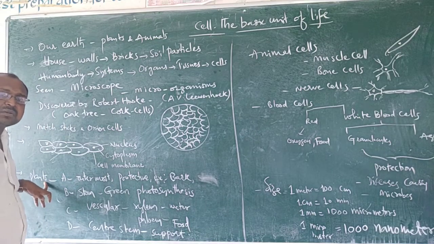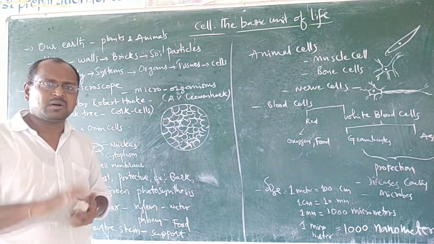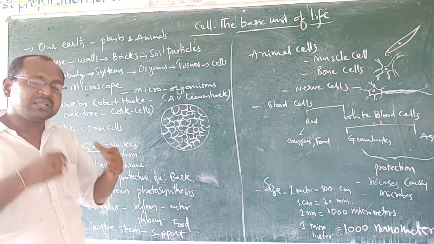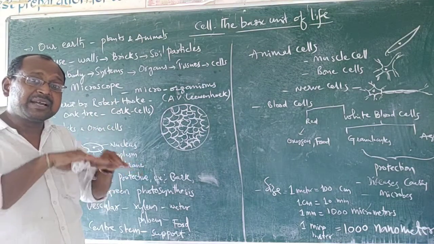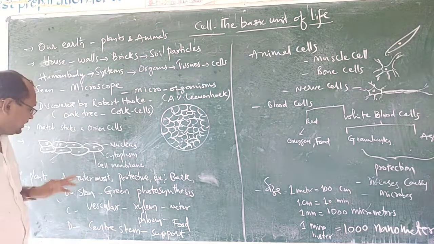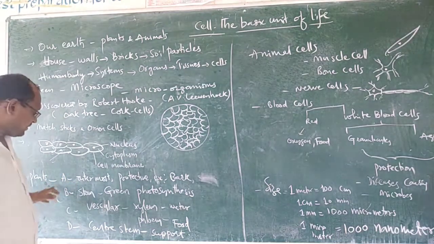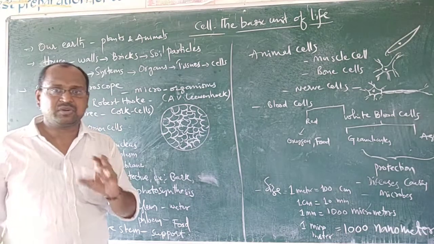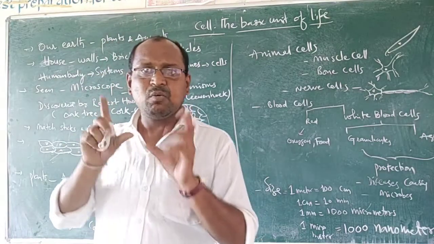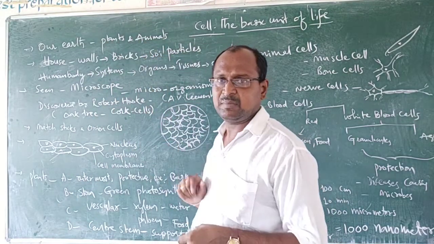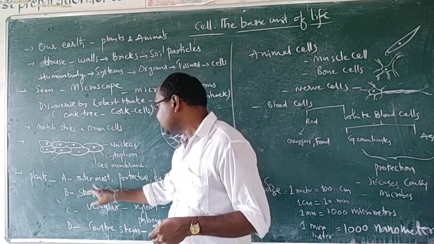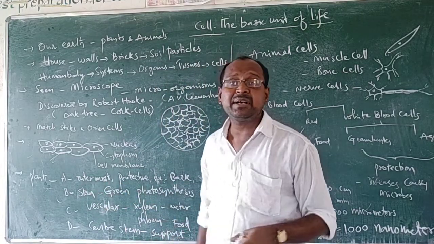In plant cells, are all cells the same? No, all cells are not the same. Based upon function, the cell types are different in nature. In plants, we can observe 4 types of cells. Number 1, type A: the outermost protective cells.